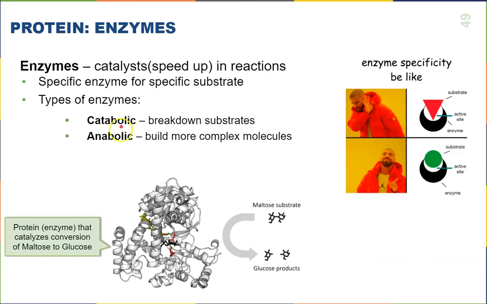Catabolic is the opposite. So this is what an enzyme would look like on a smaller scale. Of course, each of these would be little molecules in here. This is just a simplified version, even though it looks very complex. This is an enzyme that catalyzes the conversion of maltose to glucose. So we're breaking down maltose.